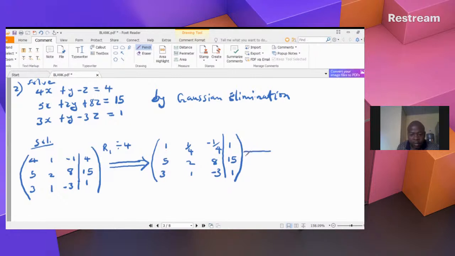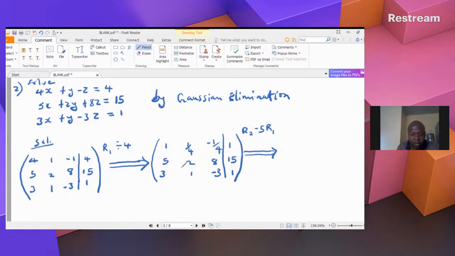How do you achieve this? And you remember I said it's good to tell us your steps. So I'm now telling my steps: to achieve a 0 in row 2, I will take the current row 2 minus 5 row 1. So the entire row 2 minus 5 row 1 will give me the new row 2.